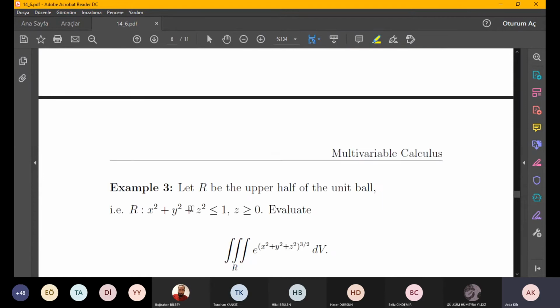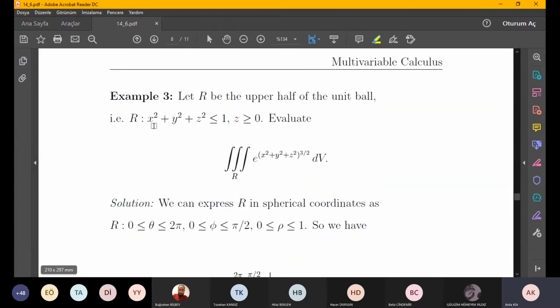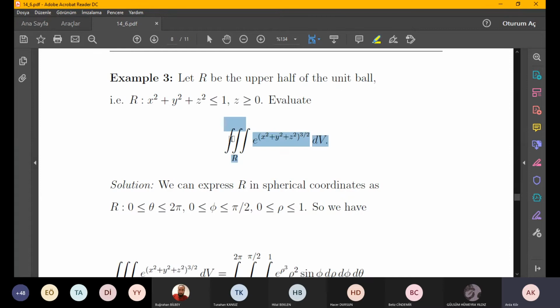So for example, if we try to evaluate that triple integration over R, where R is the upper half of the unit ball or the unit sphere, which is represented by x square plus y square plus z square smaller or equal to 1 and z greater or equal to 0. So that restriction makes that sphere half of it.